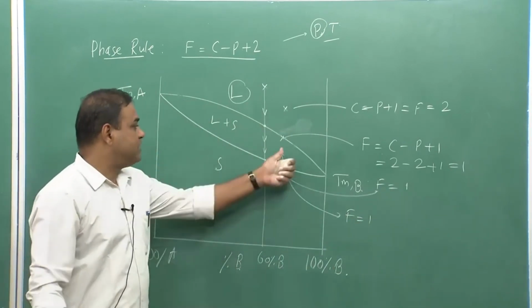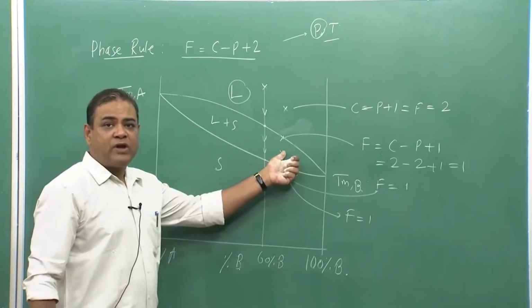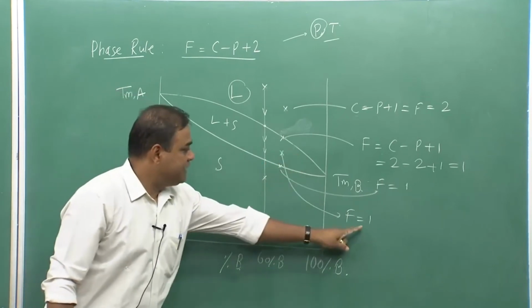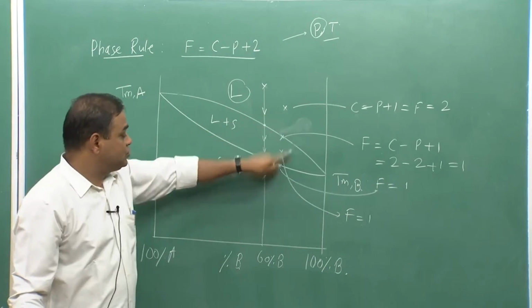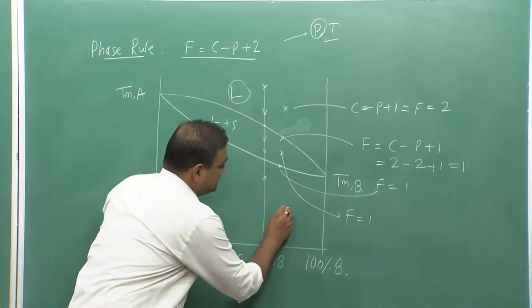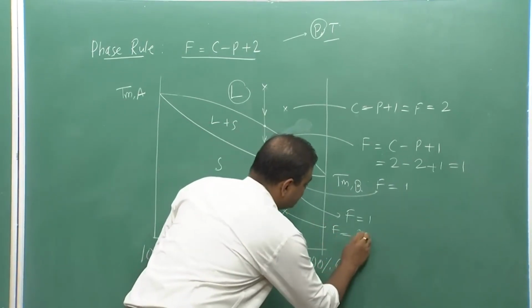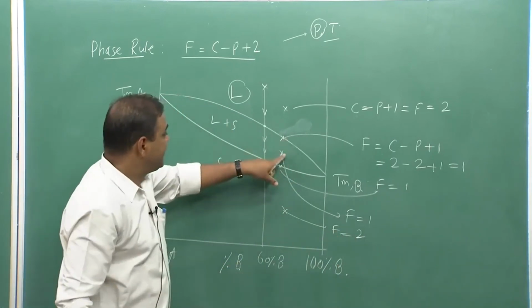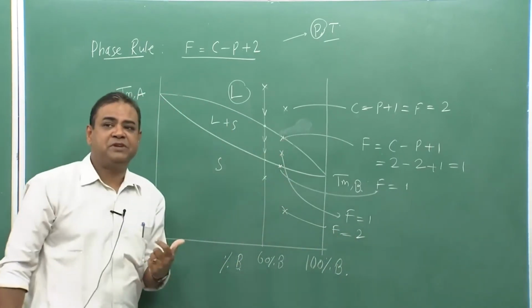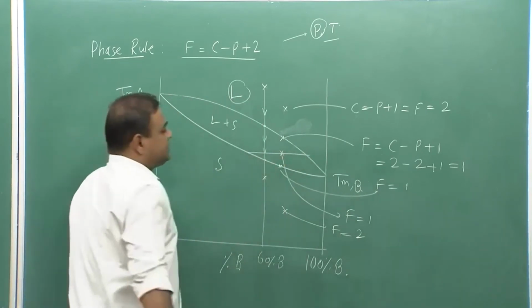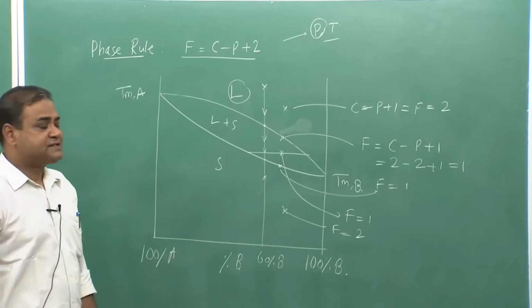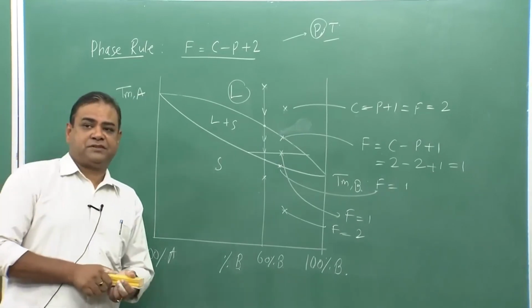Now, you must be wondering how I can make F equal to 1, because in this case I had F equal to 2, and in this case again you will find that F would be equal to 2, but at this point why does it become 1? In order to understand that, let us see a tie line construction.